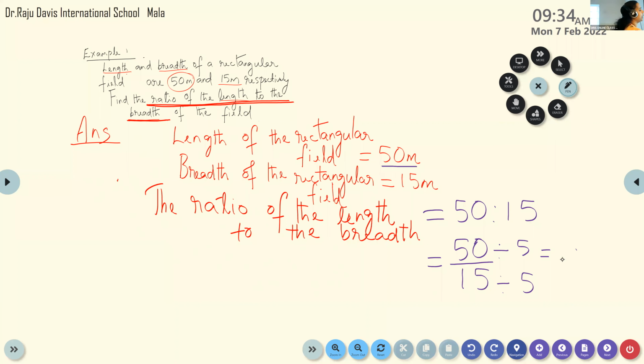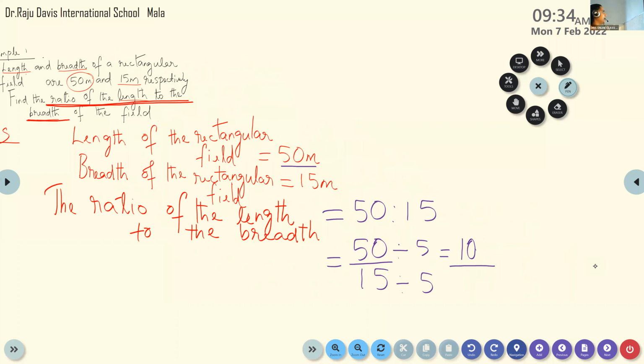Yes, 10 into 5 is 50. 15 also you have to divide by the same number 5. What is that? 3. Yes. So 10 by 3. How will you write, children? 10 is to 3. Only this much.